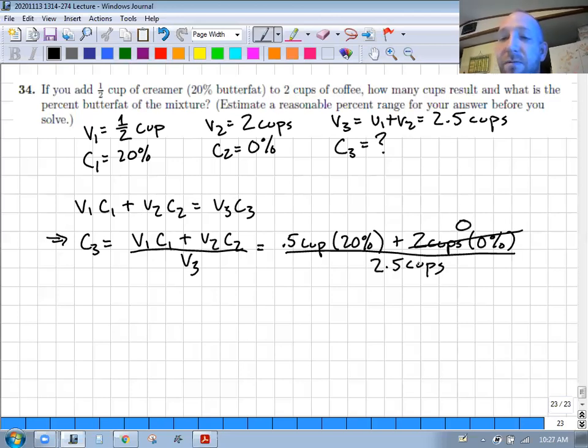This is 0. So we have cups go away. So 0.5 times 20 divided by 2.5, which is 4%.